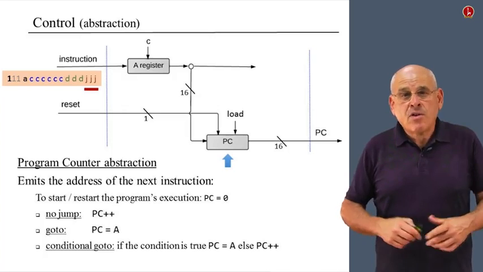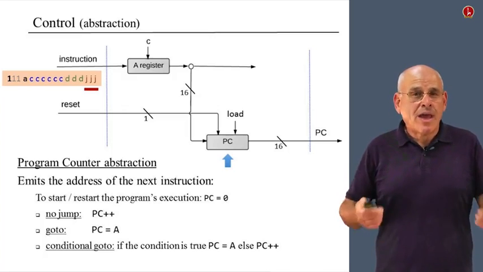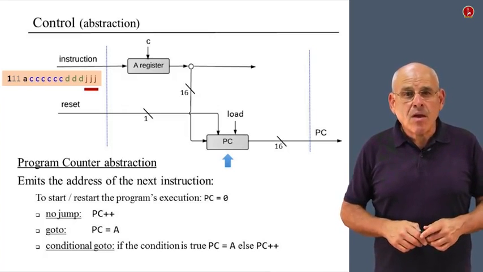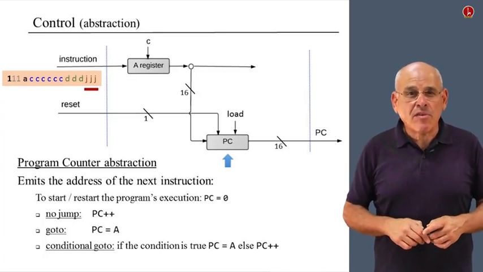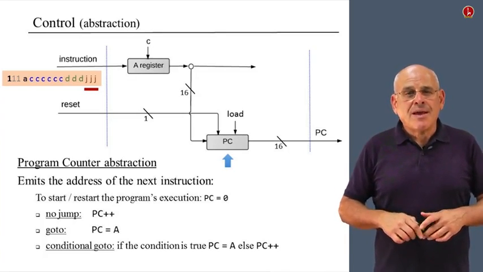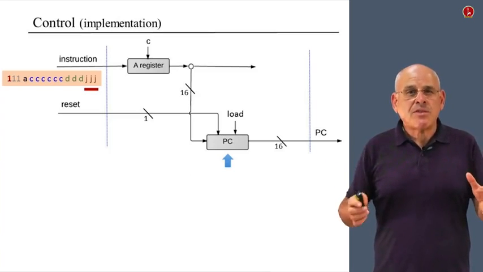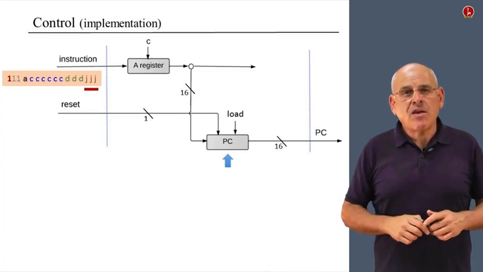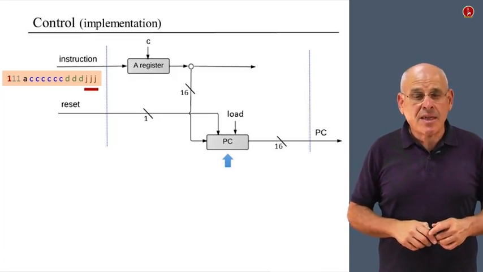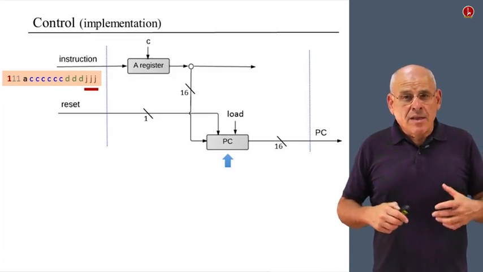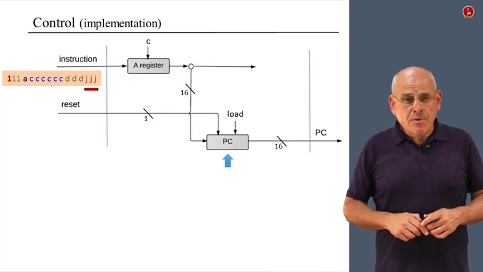And what remains to be seen is how do we actually make it happen? Well, the answer is already on the screen here in front of you. The logic architecture is such that the PC will do exactly what we want it to do. And let us convince ourselves that this is indeed the case. Well, let's look at the reset input.